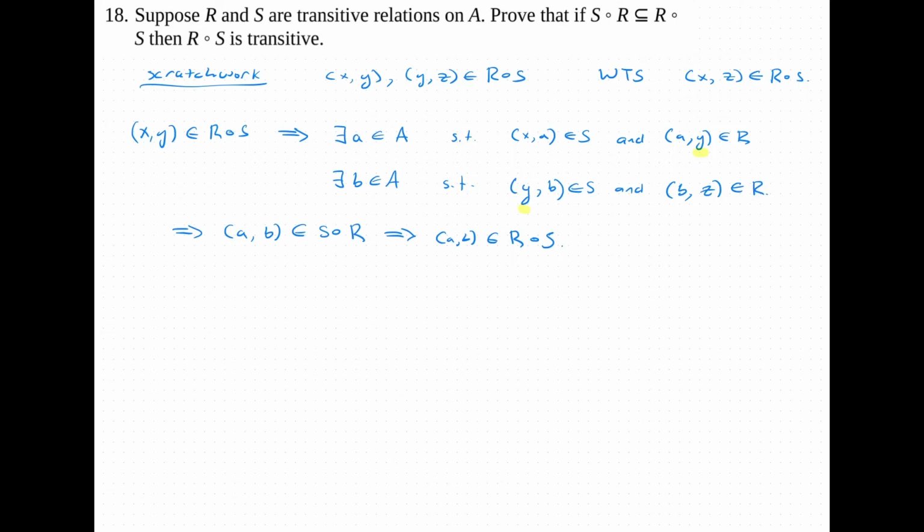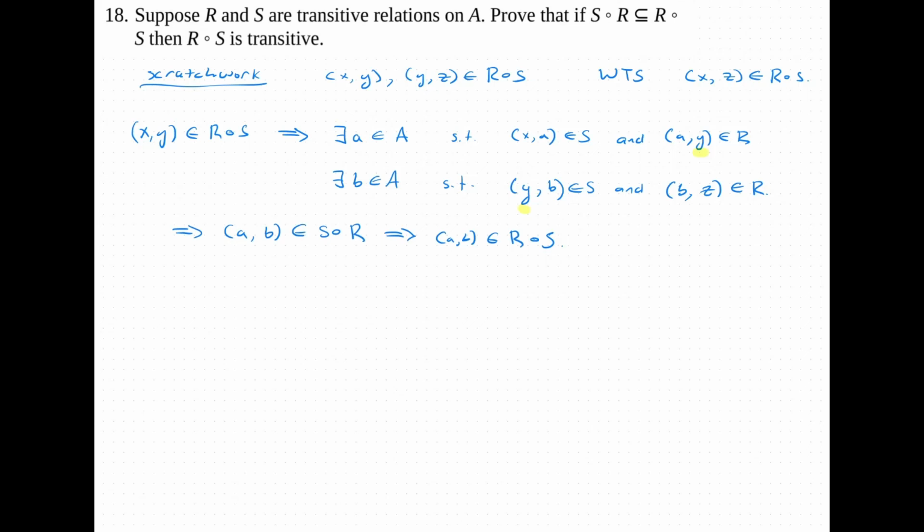But now let us keep in mind what we want to do. What we want to show is that (x, z) is in the composition of R with S. We now have (a, b) in the composition of R with S, but that doesn't seem to get us to where we want, because we need to somehow get back the x and the z. So what should we do? We've only used so far the definition of composition, but we have not used that R and S are transitive relations.